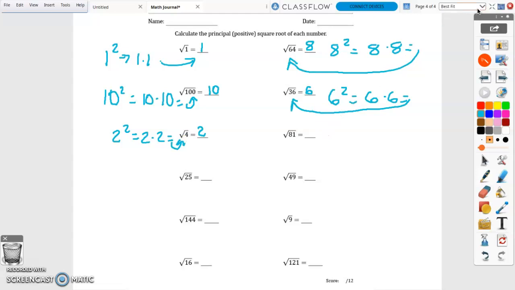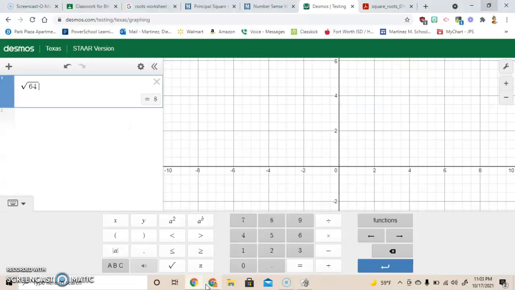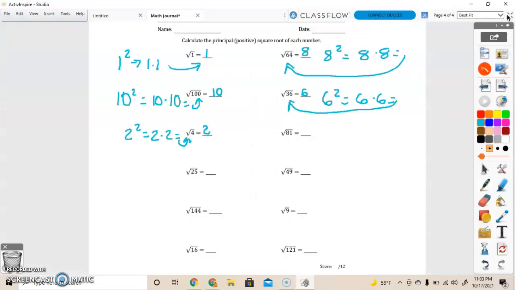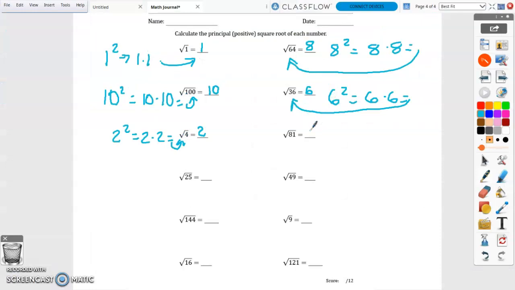81. This time let's use decimals. The square root of 81 is 9. So we have 9 squared equals 9 times 9, which is equal to 81.